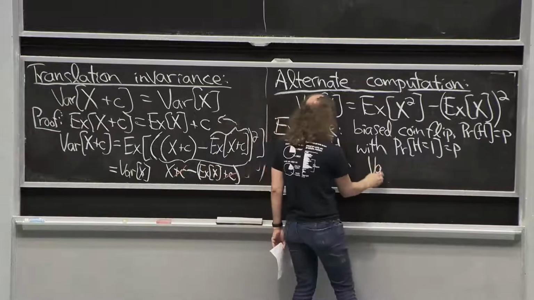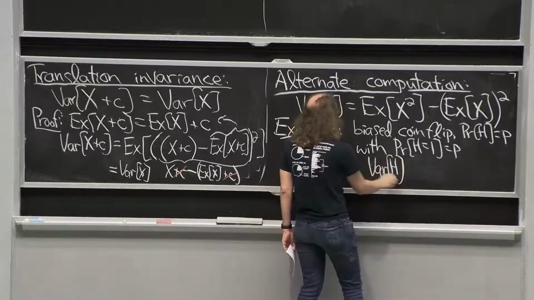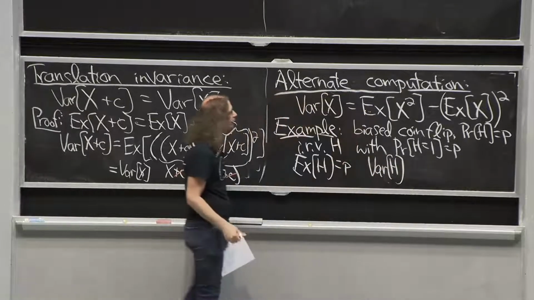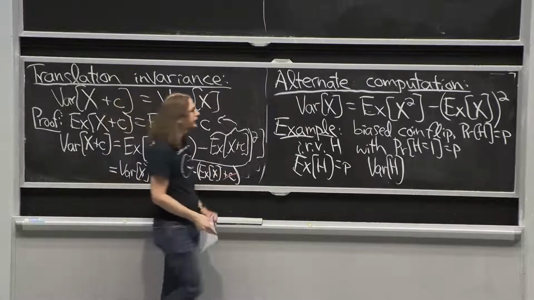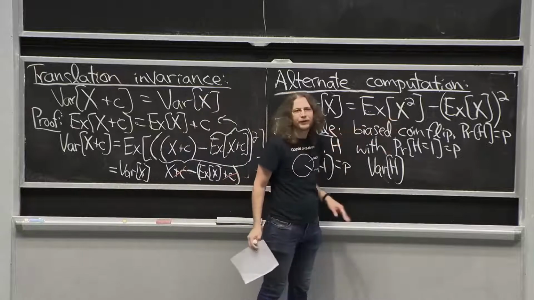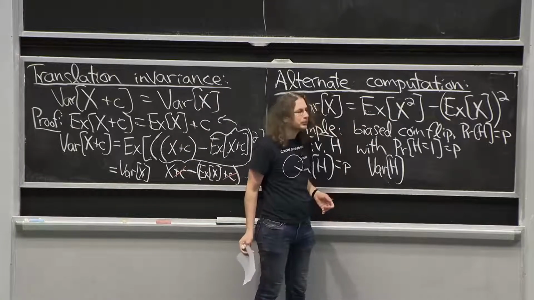The variance is quite nice to compute with this formula because, again, with indicator random variables, they're always 0 or 1. And so when you square them, nothing happens. Right?